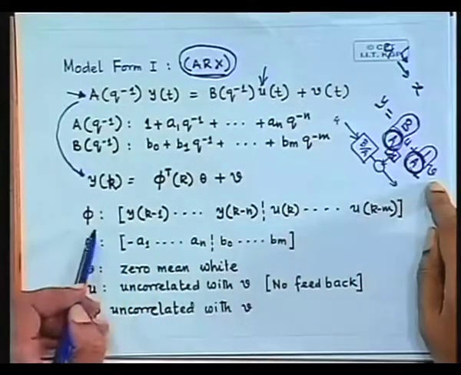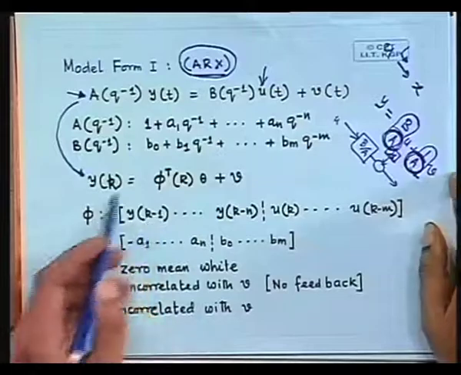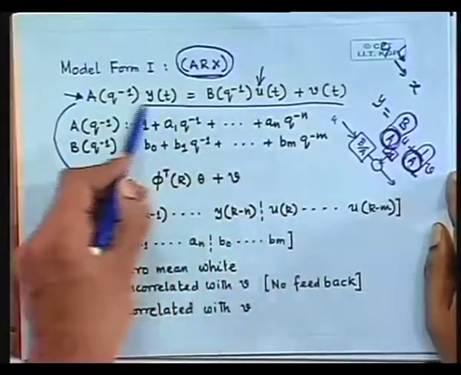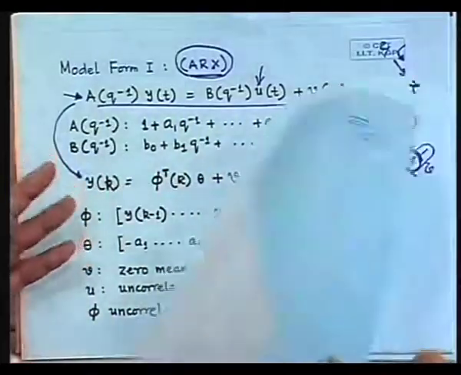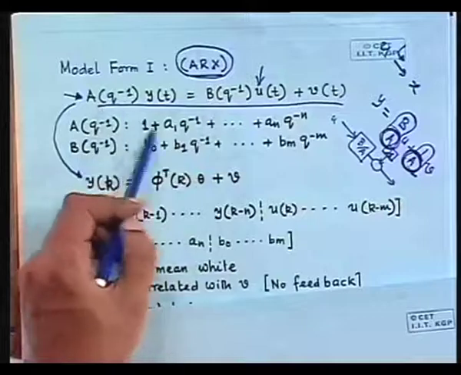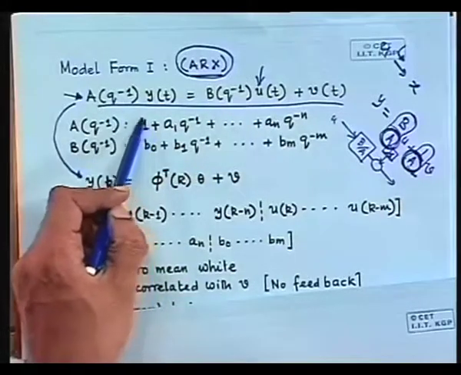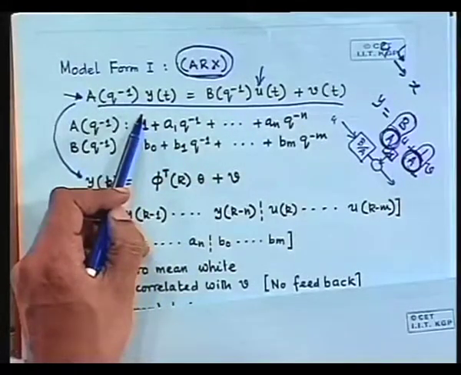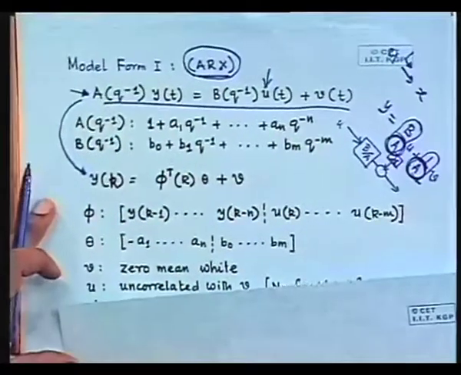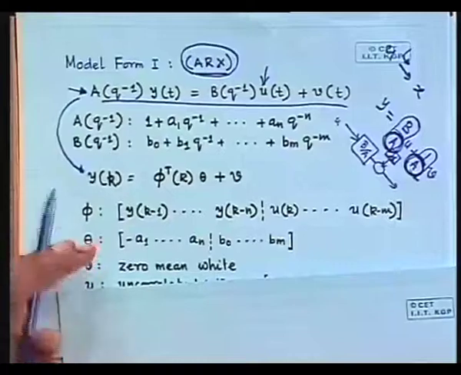For example, phi can be this. If you write it in time domain, one of the parameters of A and B you can normalize. So I have chosen to normalize a0 as 1. Any one parameter can be normalized. That is the usual custom.